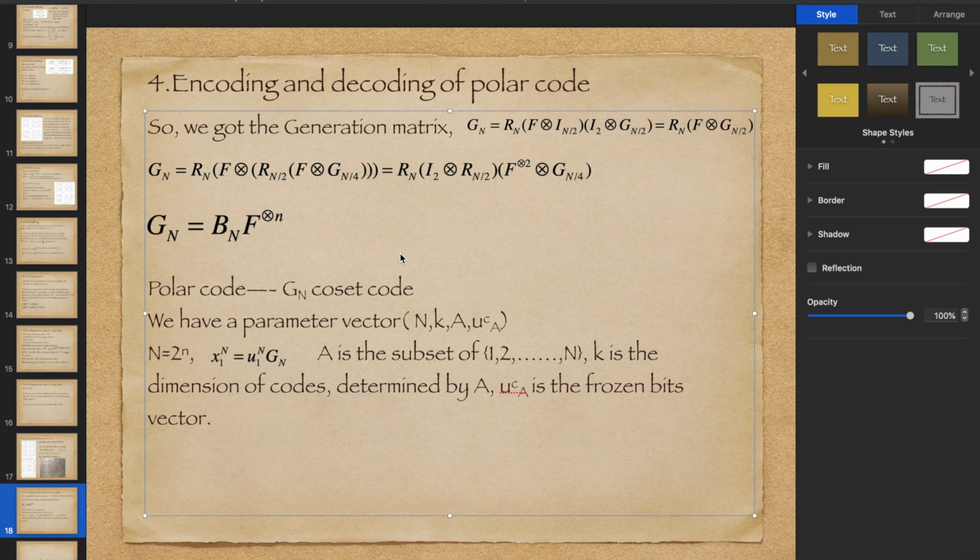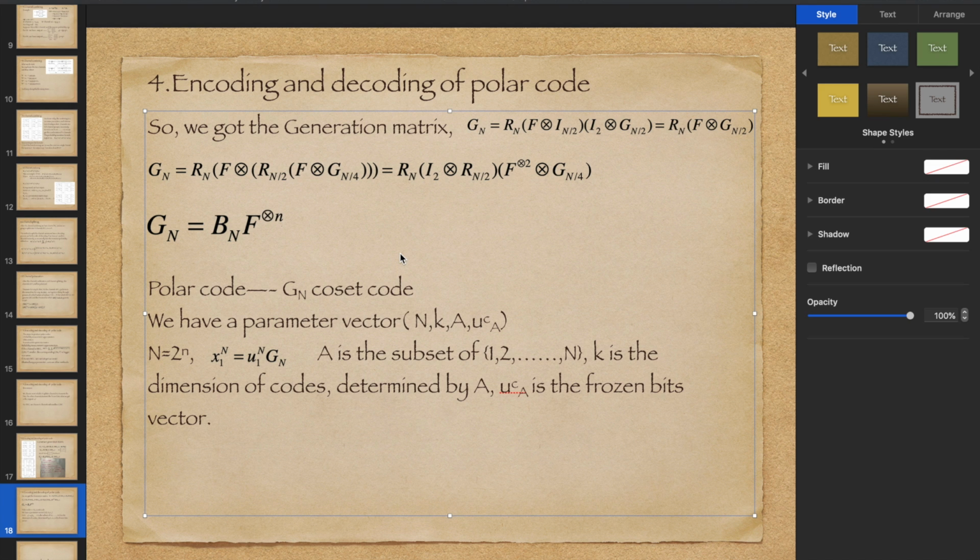And we have A. The A is a subset of 1, 2 to the n. It is the indices that we choose based on the Bhattacharya parameter. We choose those channels to transmit the message bits.